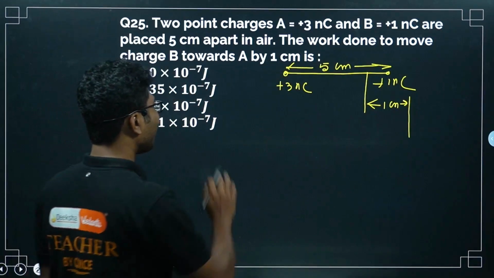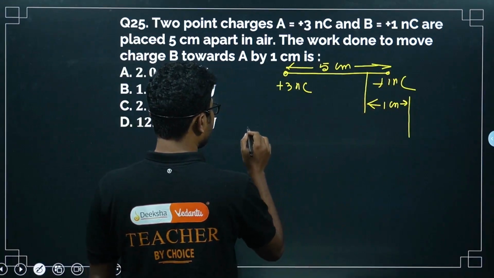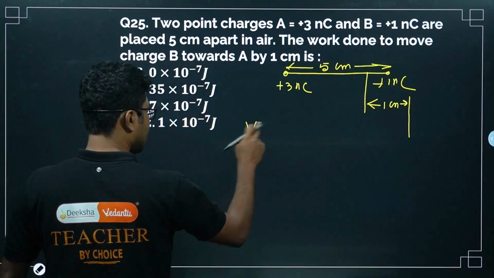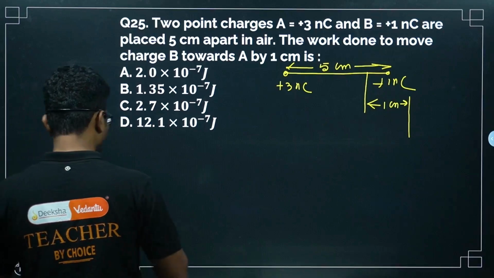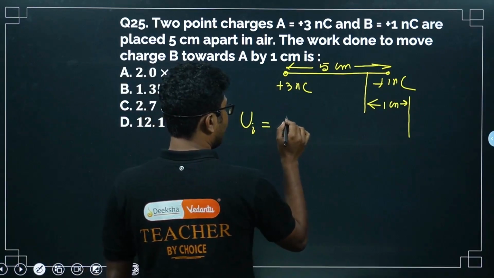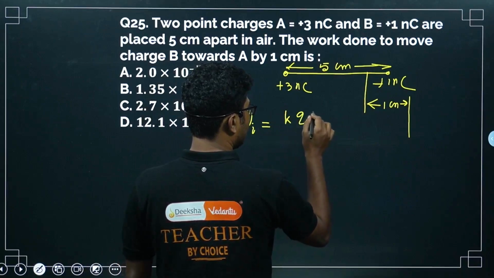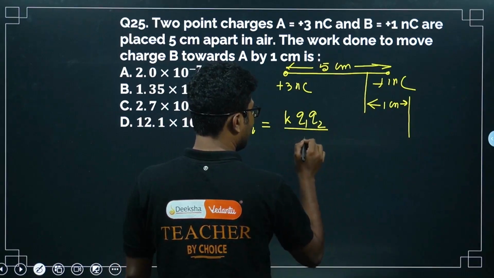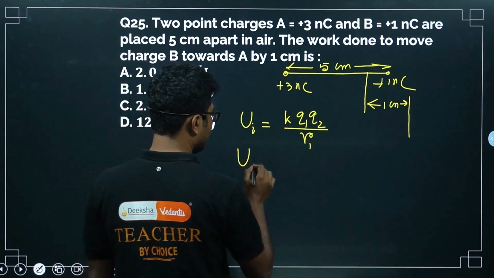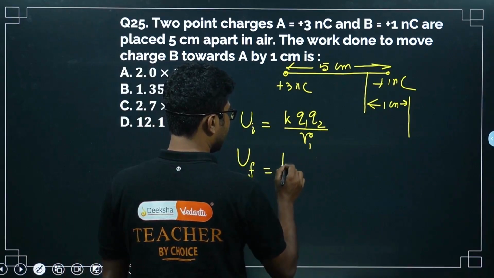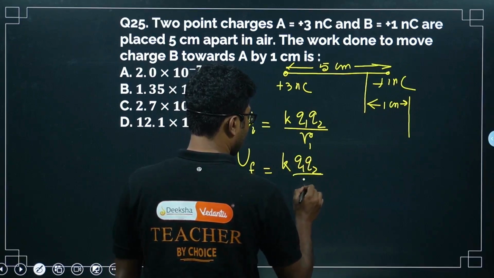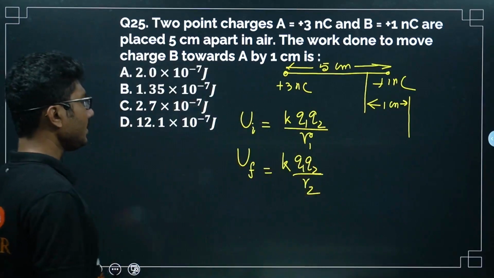So what is the initial potential energy? Initial potential energy of the system is K Q1 Q2 by initial R, that is R1, say, and the final potential energy UF is K Q1 Q2 by R2, right?